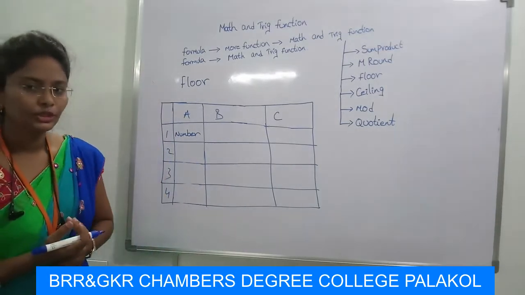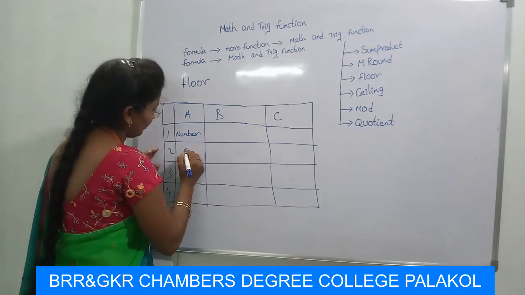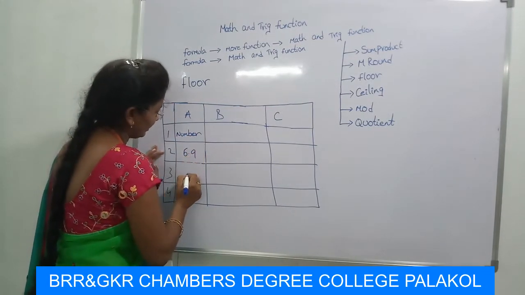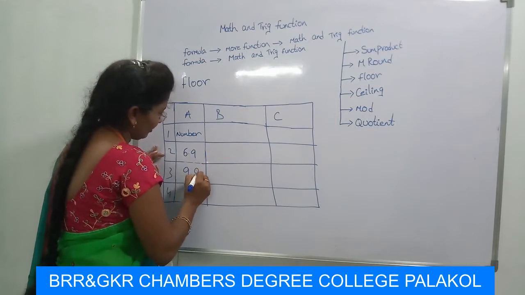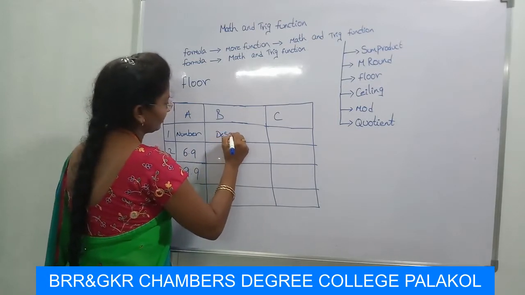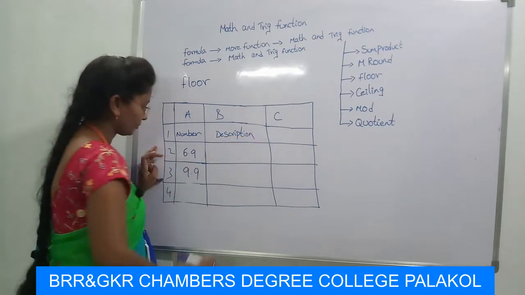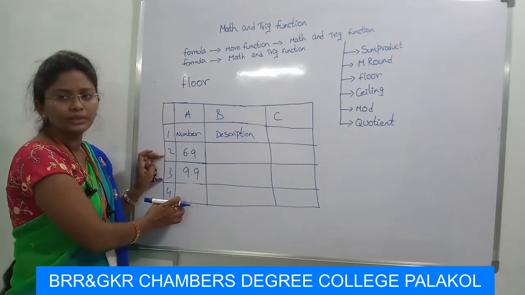That means in the number column I am taking numbers like 6.9 and 9.9, and here the description, and the last number is 15.